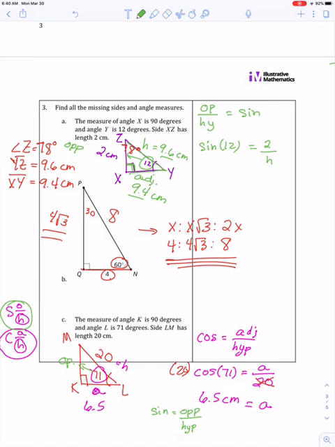Okay. So with knowing that, I have my angle. So sine of 71 is equal to my opposite side, which I don't know yet. So I'm going to put an X, because the O looks like a 0 sometimes, over 20. Again, multiply both sides by 20 to get my opposite side.